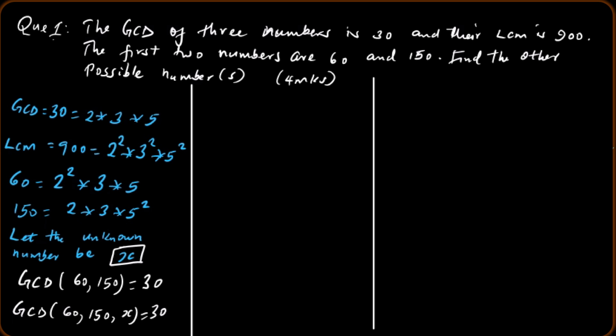So from this calculation, we can note that x does not impact the GCD. Whether there are two numbers or three numbers, the GCD remains the same.